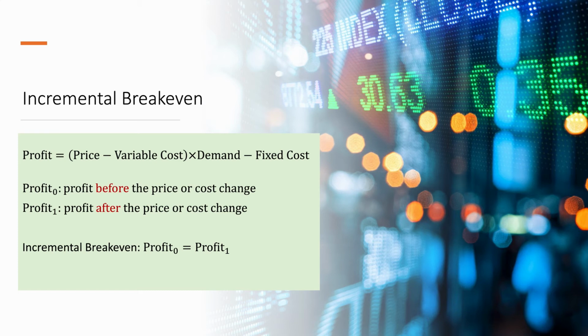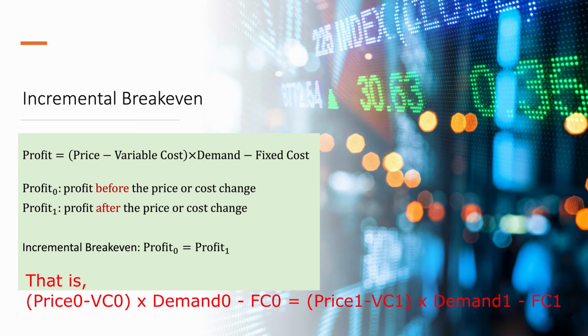What we are looking at when calculating incremental break-even is the scenario where the profit would stay the same. That is, the profit before the price or cost change, profit 0, is equal to profit 1, the profit after the price or cost change.